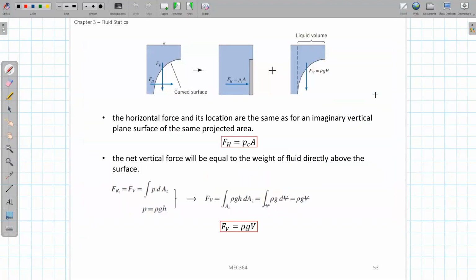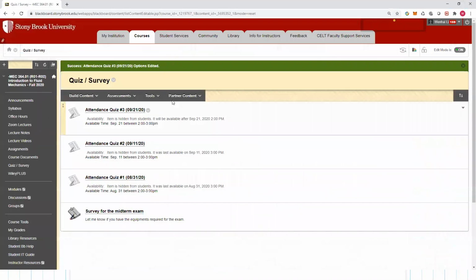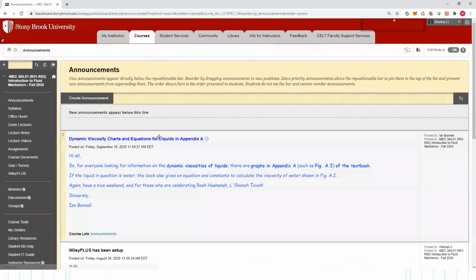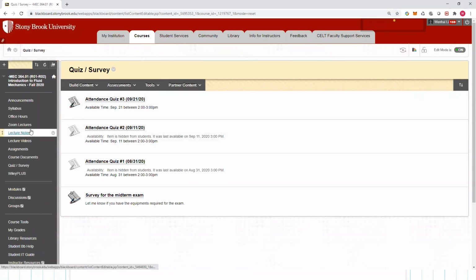Two things before I finish. You will have a quiz problem for today, to account for your attendance. There is a quiz problem here in the quiz folder, so you need to finish it before 3 p.m. And second thing, I assigned the new homework problem today.